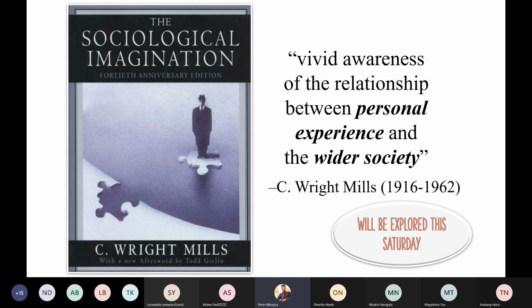So we'll be looking at the relationship between personal experience and wider society, and vice versa. We'll look at how individuals influence wider society, and how wider society influences the individual, and how that helps us understand how public issues can lead to personal troubles, and how personal troubles in a way lead to public issues in broader society.